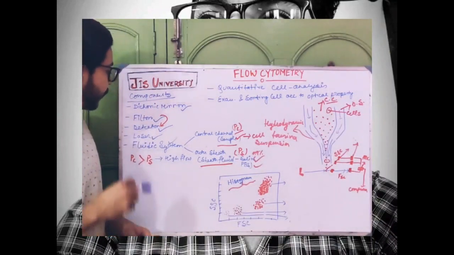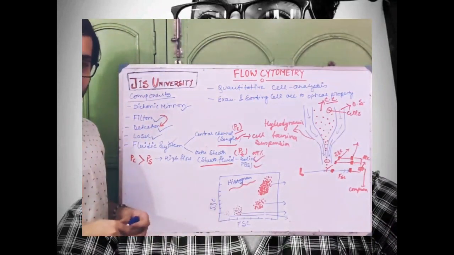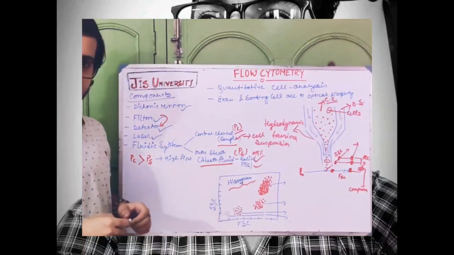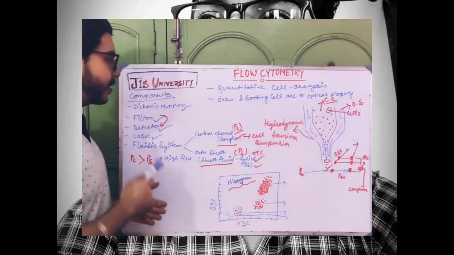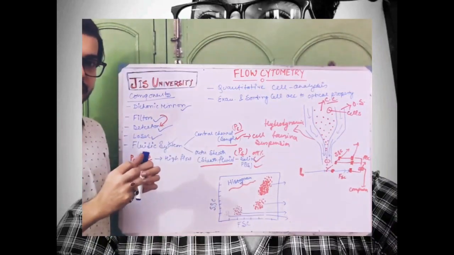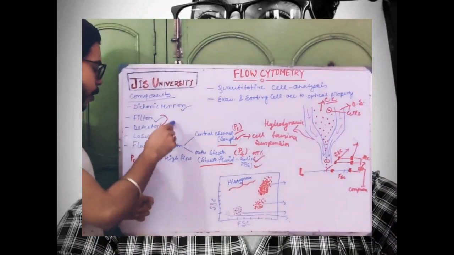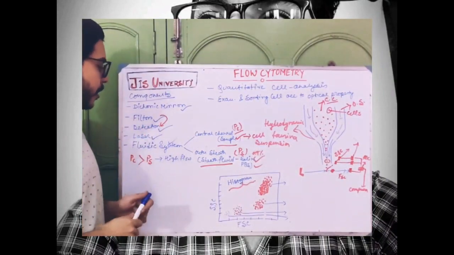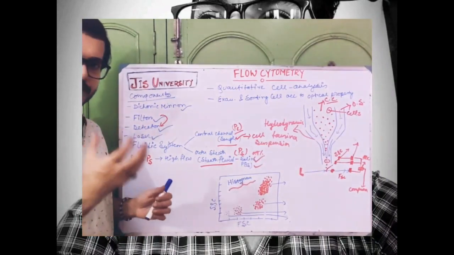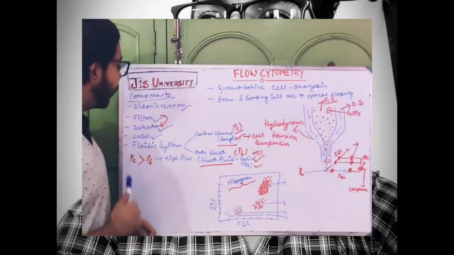The filter is used to filter out specific wavelengths of light. The detector is used to receive the light coming from the filter. That's why the arrow is given from filter to detector. The laser, as in laser beam, is the source of light, and there is the fluidic system.